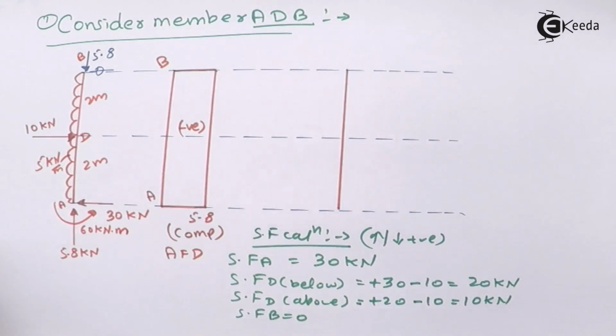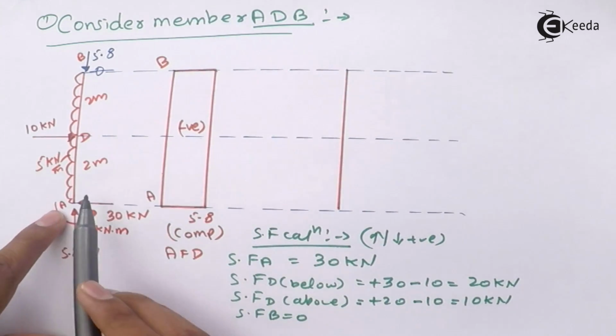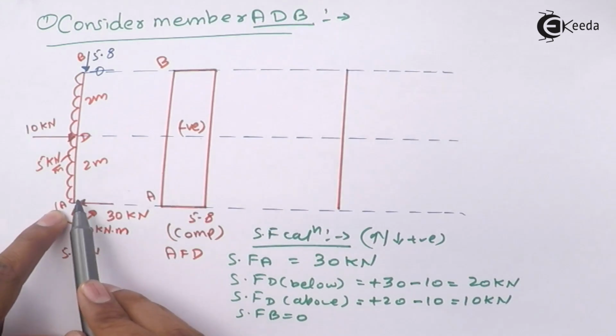See, shear force at A on the left is equal to 0, and just above, it is 10.